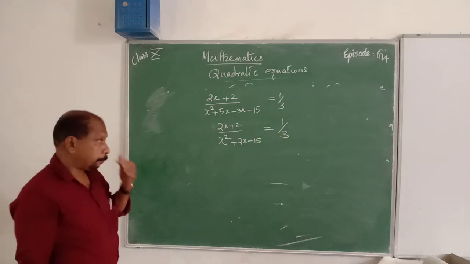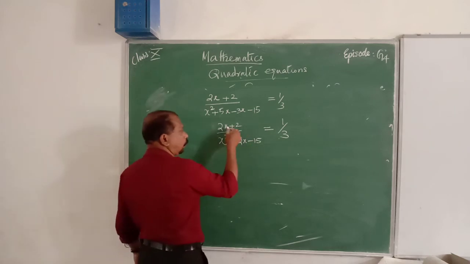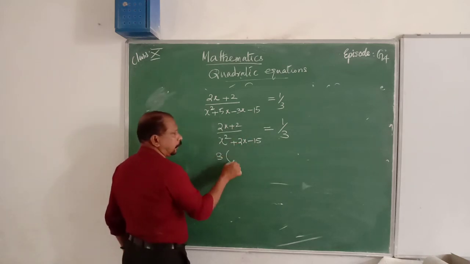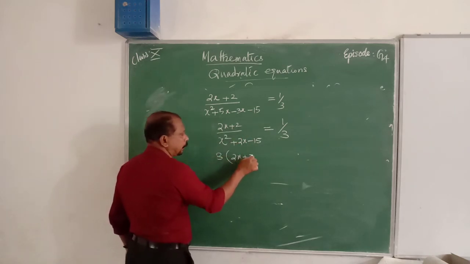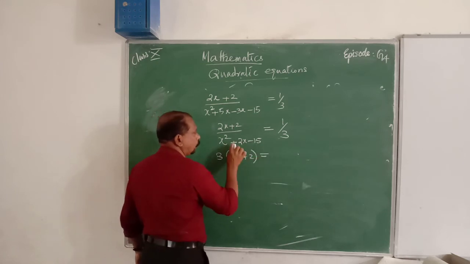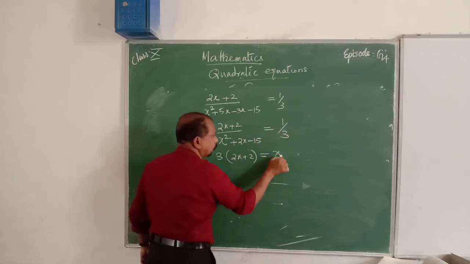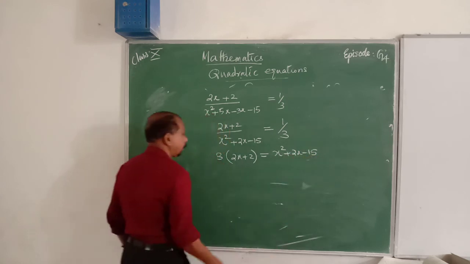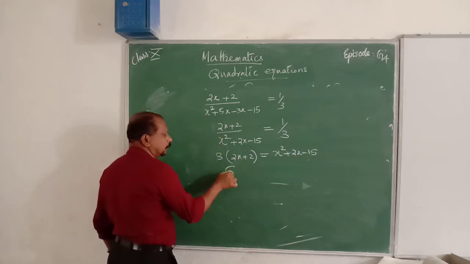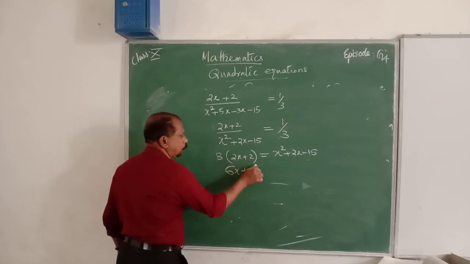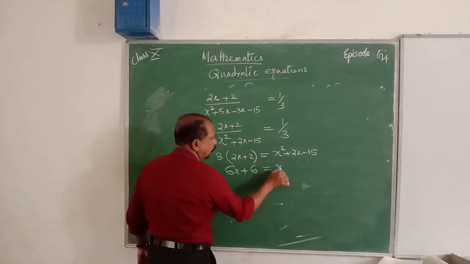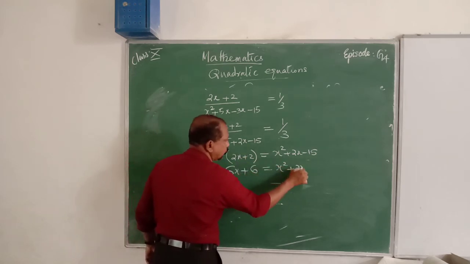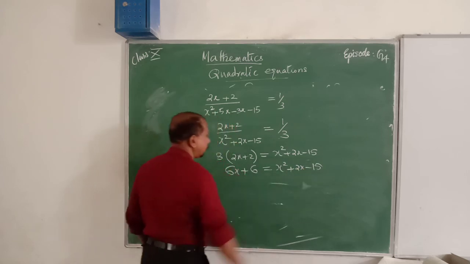Then cross multiplication: 3 into 2x plus 2 is equal to 1 into this thing, that is x square plus 2x minus 15. That is 6x plus 6 is equal to x square plus 2x minus 15.